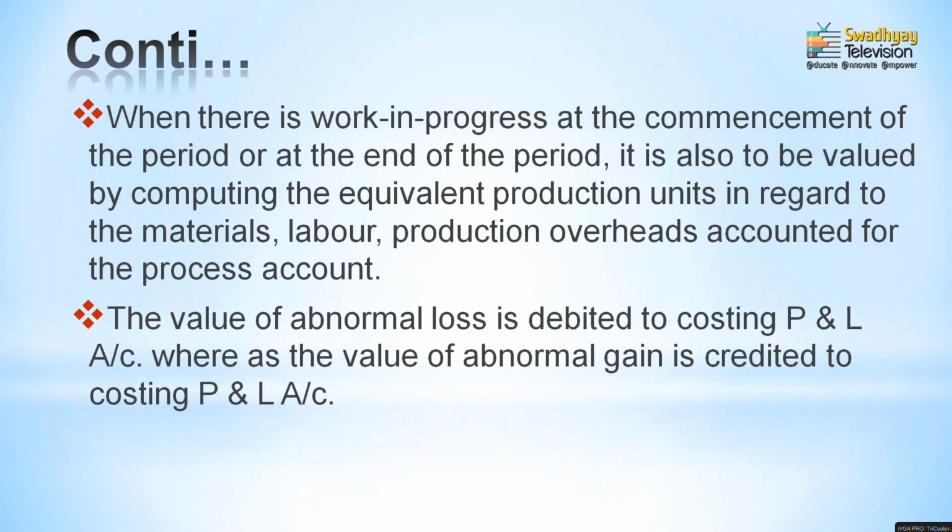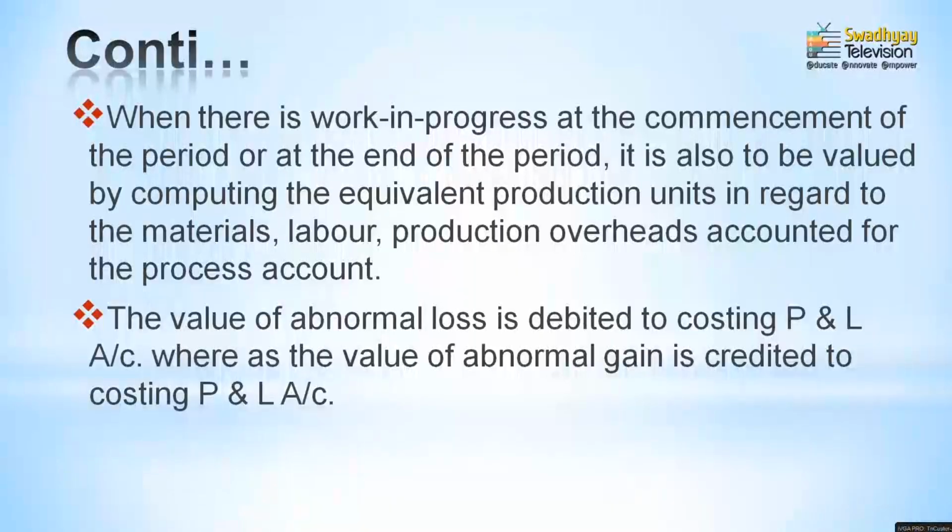In this way, we need to calculate the work in progress value also, and this value will be calculated on the basis of the material, labor and other overheads which were actually charged into the respective process account. The proportion of the different elements of cost would be helpful to calculate the work in progress value, and this work in progress amount would be charged in the respective process accounts.